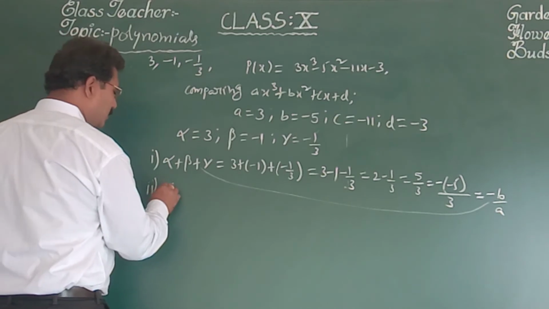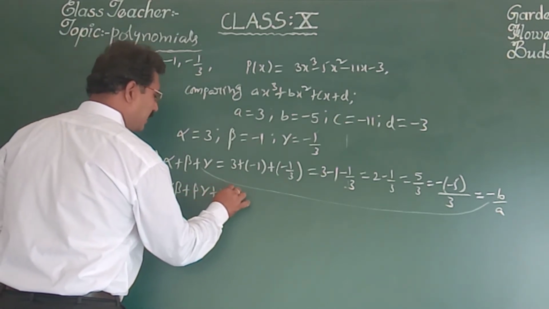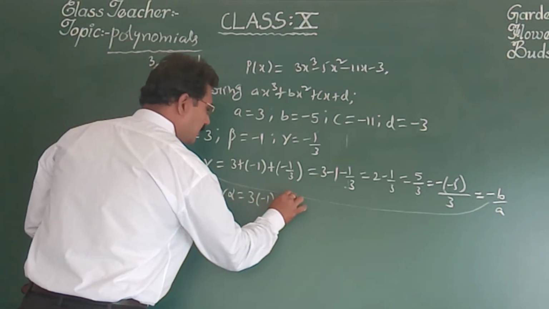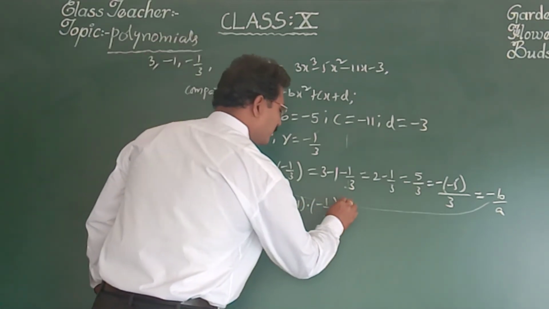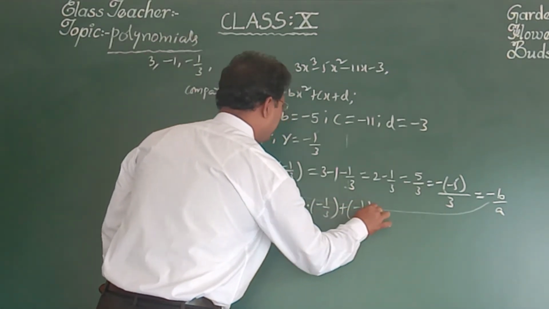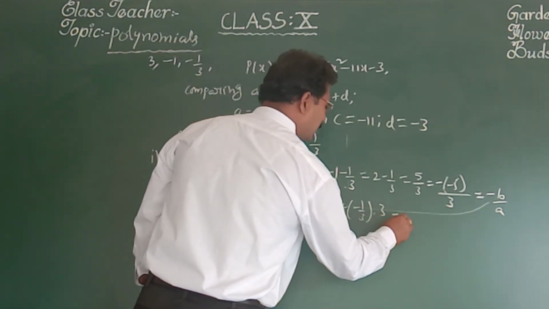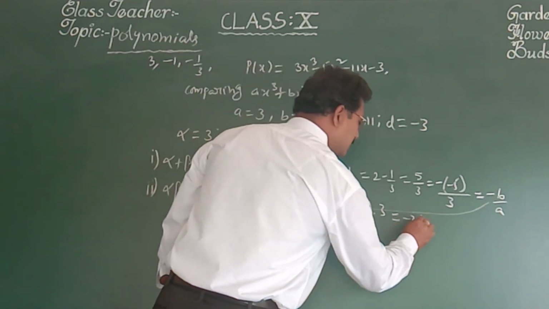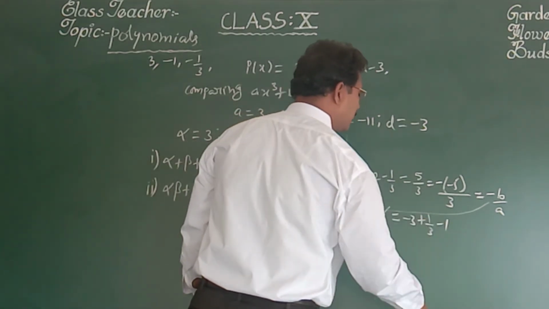Sum of the roots taken two at a time. Alpha beta plus beta gamma plus gamma alpha is equal to 3 into minus 1, plus minus 1 into minus 1 by 3, plus minus 1 by 3 into 3. Now 3 into minus 1 is minus 3, minus into minus is plus 1 by 3, the 3 cancels, and plus into minus is minus 1.